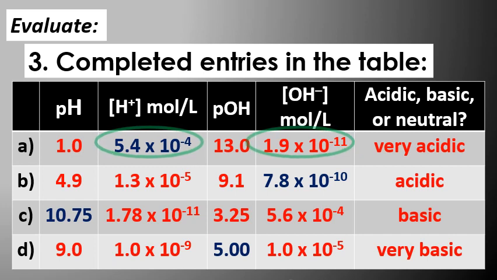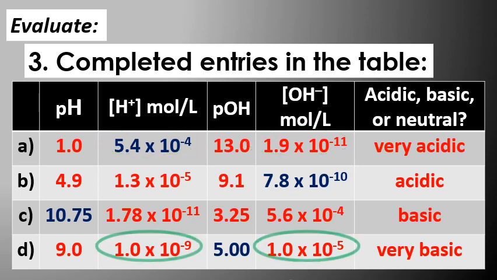But if the negative hydroxide ion concentration is the one higher compared to the positive hydrogen ion concentration, then the solution is considered an alkaline or a basic solution. So that concludes our tutorial.